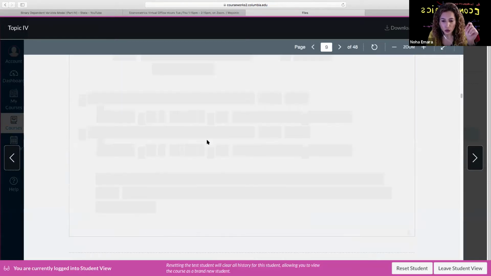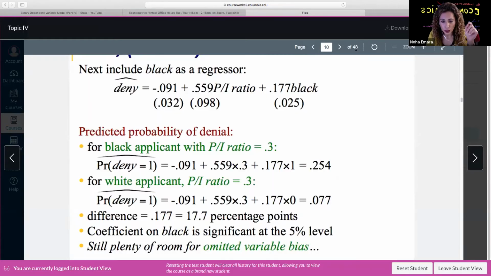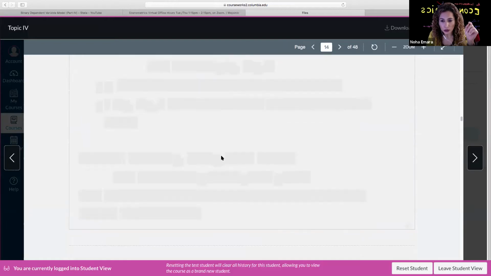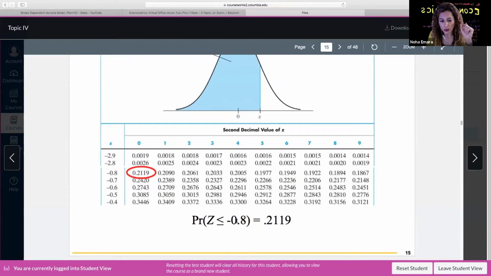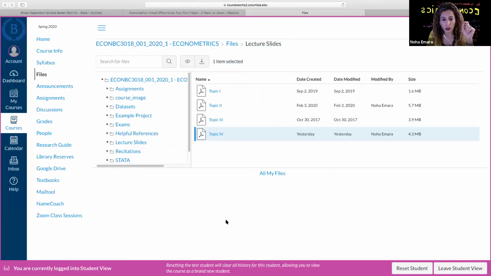Okay, I want you to go over the slides. These are 48 slides. We have simple examples, and then towards the end I'm showing you in detail how to get the value from the Z table. So it's very, very important to study the slides.